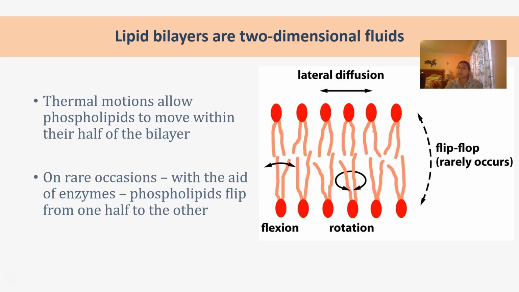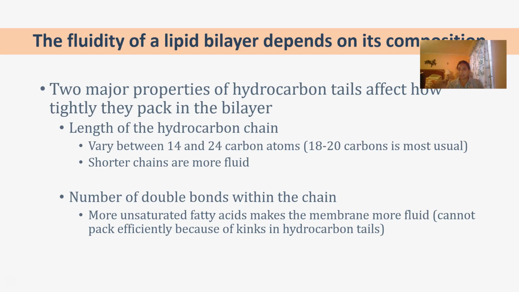On very rare occasions, you do see flip-flops of these molecules from the luminal side to the cytosolic side, or vice versa. However, that flip-flop will require the aid of enzymes. That does require energy and the correct orientation to be present in order to happen. And there are very specific conditions under which this would happen.